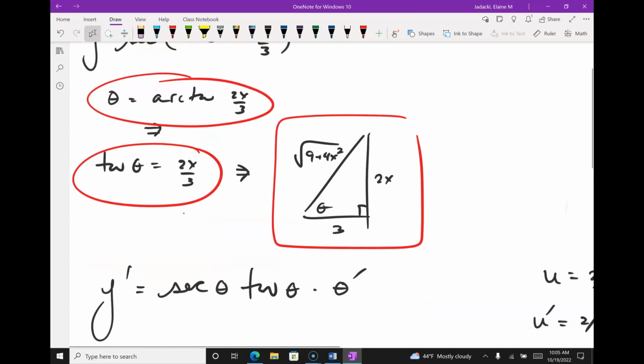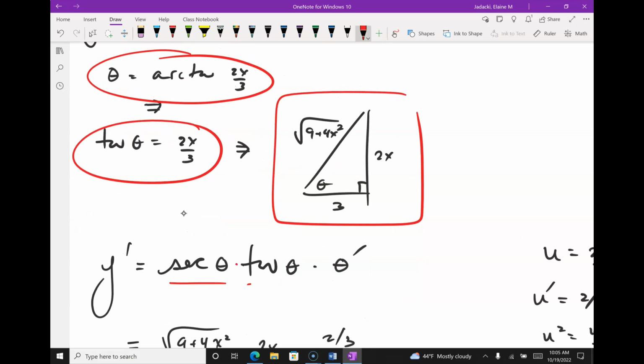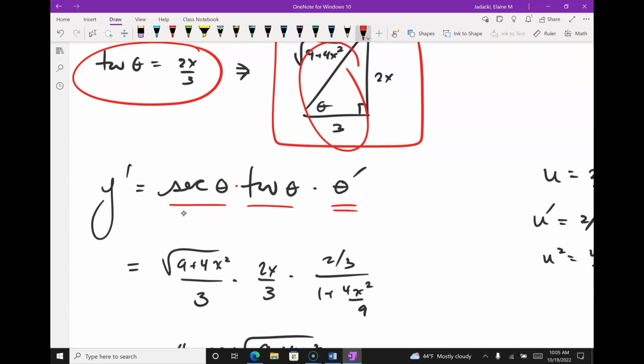So then I'm taking the derivative. This is really now just secant of theta, right? So I'm taking the derivative. I get secant of theta times tangent of theta times the derivative of theta. Well, secant comes from the triangle, right? There, that ratio. Tangent comes from the triangle, that ratio. And when I'm doing the derivative of arctan of u, right?